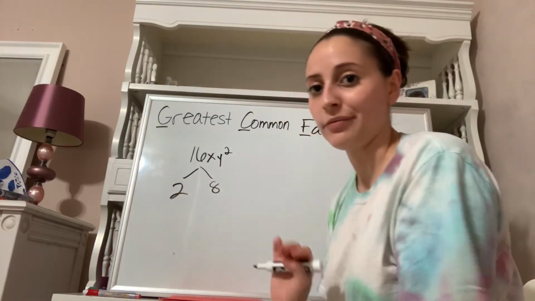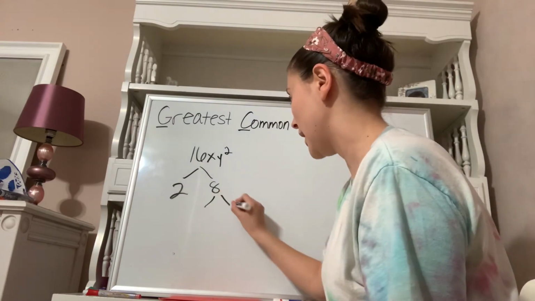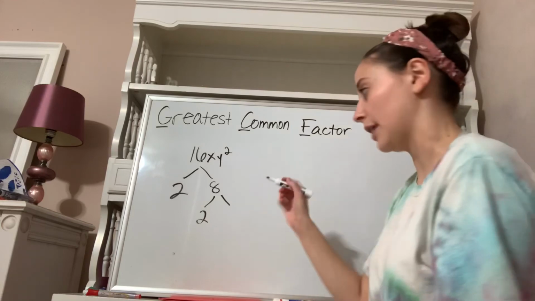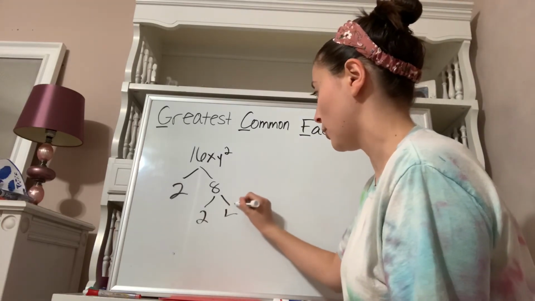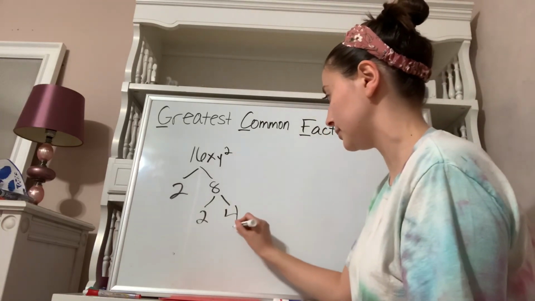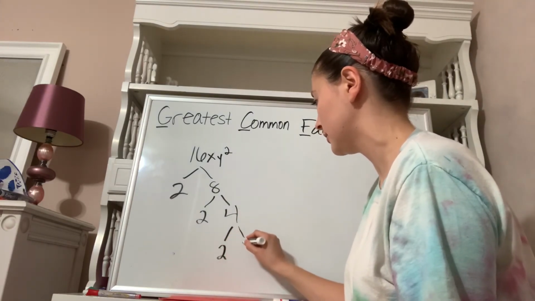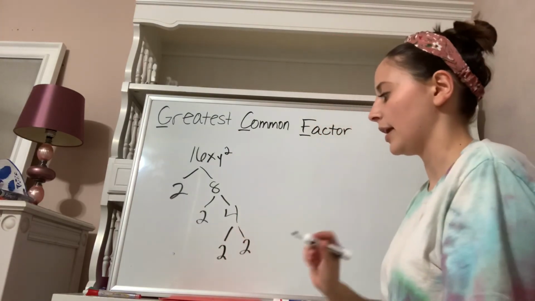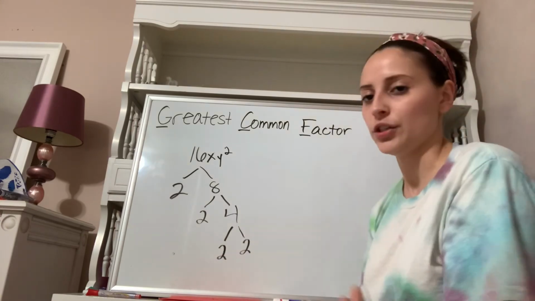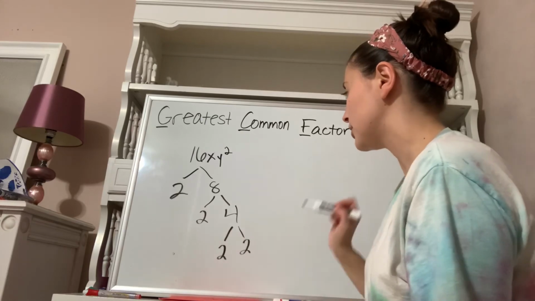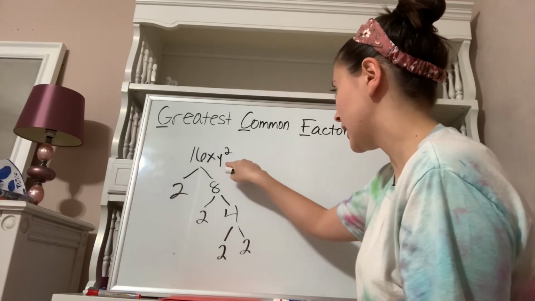And 2 is a prime factor, so we're done with that one. Now 8, you can divide by 2 again. What's 8 divided by 2? In your calculator, you would get 4 as the other factor. And then 4 divided by 2 is 2, and so 2 and 2. So now we're left with 2 times 2 times 2 times 2, and x and a y squared.